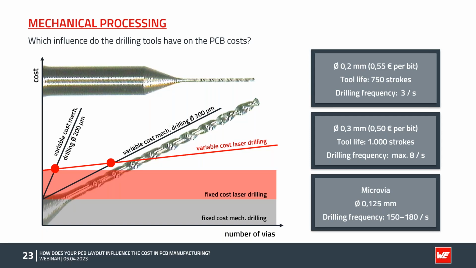For sure, in some years you need to change the laser source, yes, but this is one time in 5, 6, or 7 years, depending on how long this source will last. But we do not have drill bits here. So the cost of the drill bits and the much faster drilling lead to the fact that the variable costs for laser drilling are less. So there is some point where it's cheaper to use laser drilling compared to mechanical drilling.